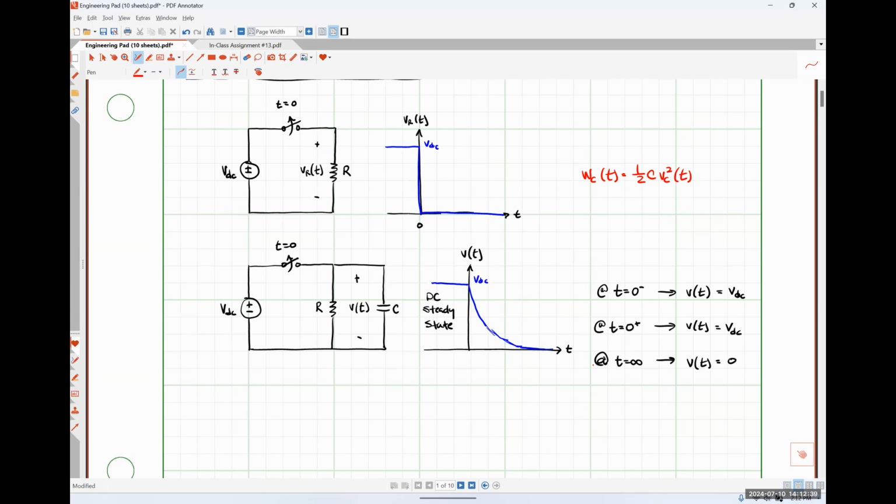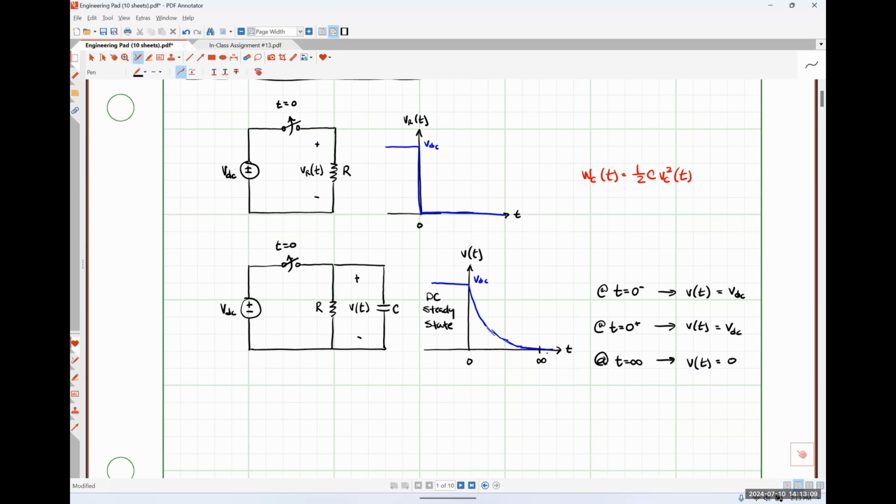Let me make a couple of marks here really quickly. This is t equals 0. Way out here on the right-hand side, after our voltage has decayed down to 0 again, I'm going to call this time infinity. Again, all I mean by t equals infinity is a very long time after our switch has changed state.